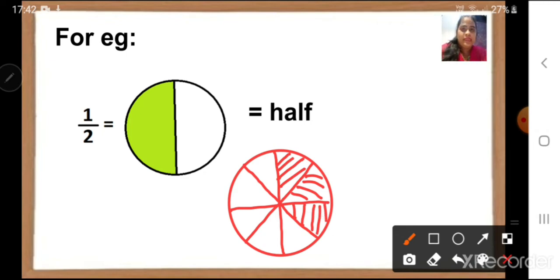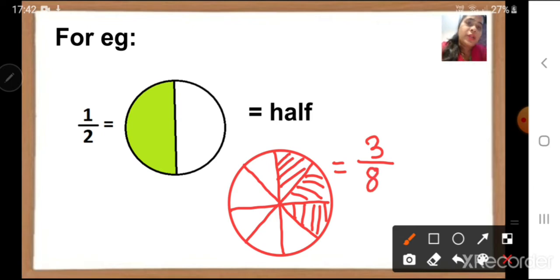So I have to find out what is the fraction of the shaded portion. So how I am going to write? I will write it as 3 because 3 parts are shaded upon total number of parts. Children, don't write here this part, okay? We have to write the total number of parts. So total there are 8 parts. So we'll write here 8.